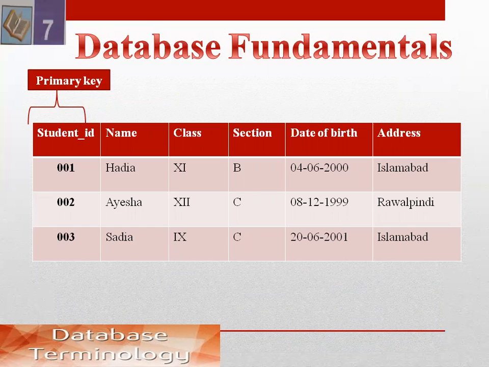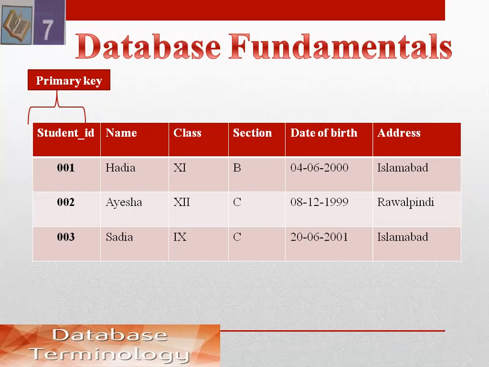Suppose student is an entity, and in student we have the attributes student ID, name, class, section, date of birth, and address. In student, the name can be repeated. In one class, we can have two identical names. So student ID is the primary key, which is used to identify a unique row.